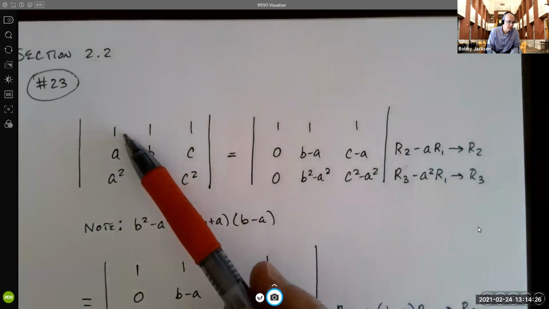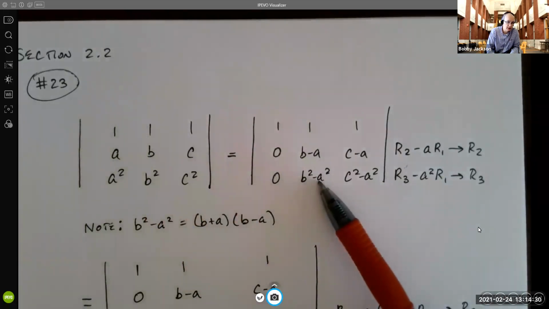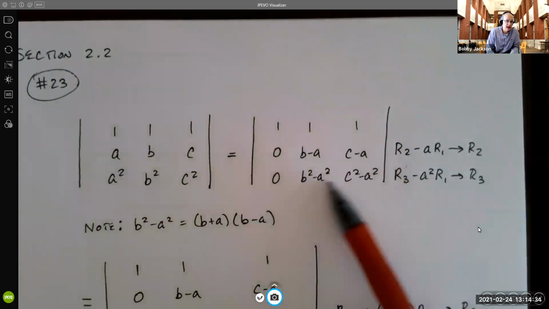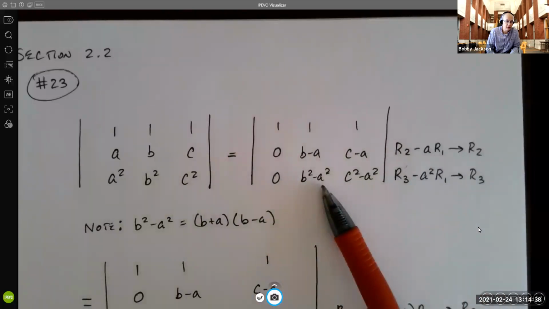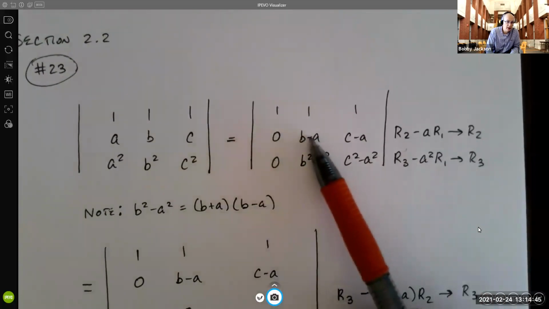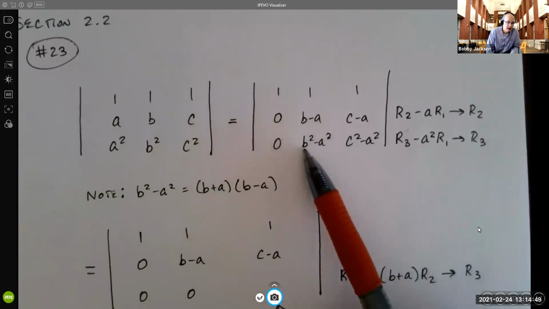So a squared minus a squared is 0, b squared minus a squared, c squared minus a squared. So here's this determinant, and since I'm adding a multiple of one row to another, remember what we said, that doesn't affect the determinant, so these determinants are going to be equal. Now, typically we'd say we want to get a leading one here and then a 0 beneath it. But I'm not going to get a leading one here because I noticed something.